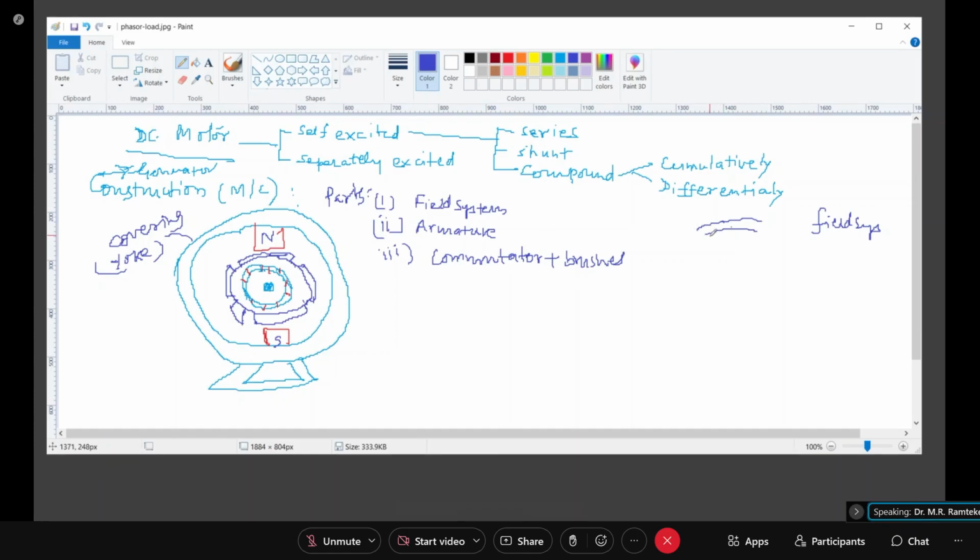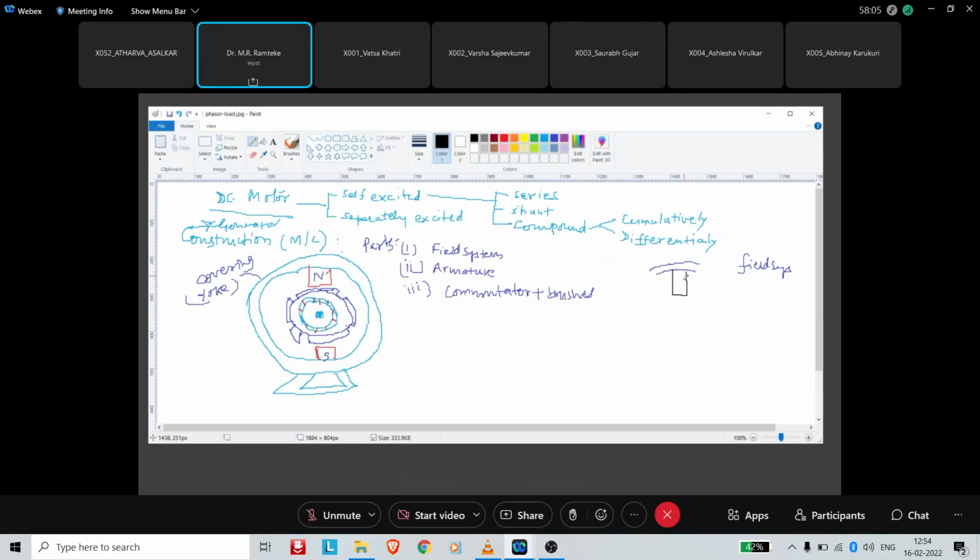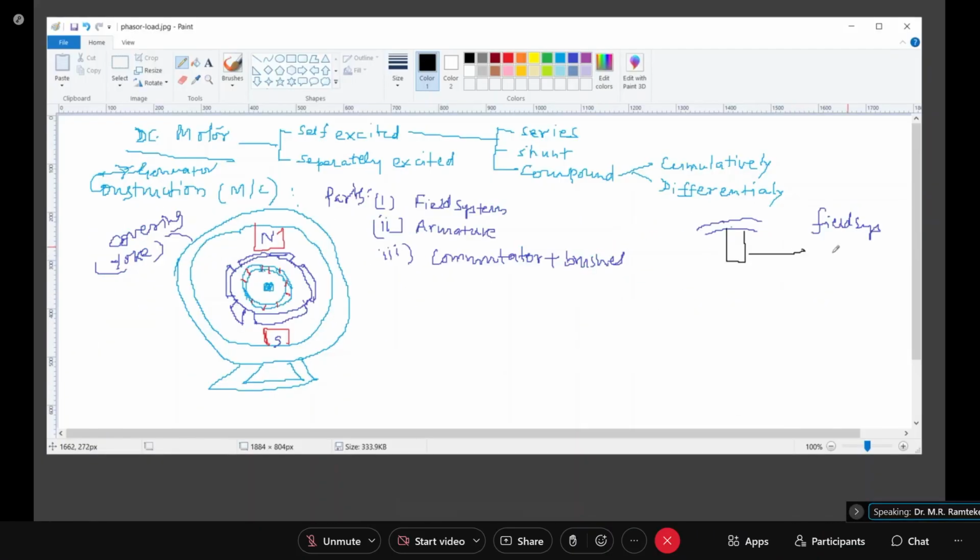To the yoke you will be connecting or bolting the poles. Electromagnetic poles are there, so you will be connecting these poles. When showing just one pole, you can do the same thing on the other side.